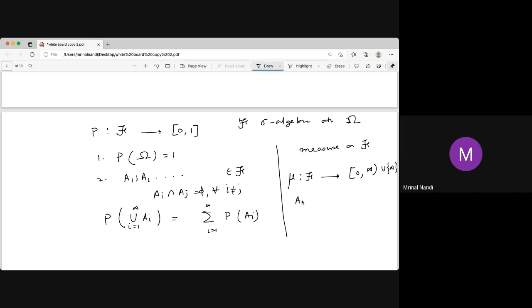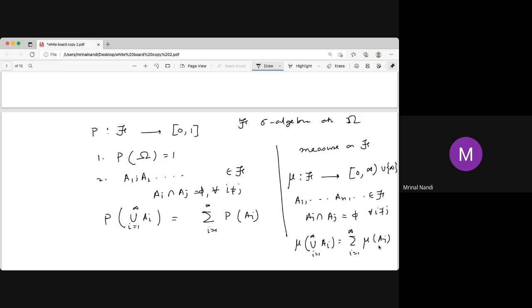So if a1, a2, dot dot dot are in script F and they are disjoint for all i not equal to j, then the measure of the union is, since they are disjoint, the sum. Now there is a very important question, whether this sum converges or not.